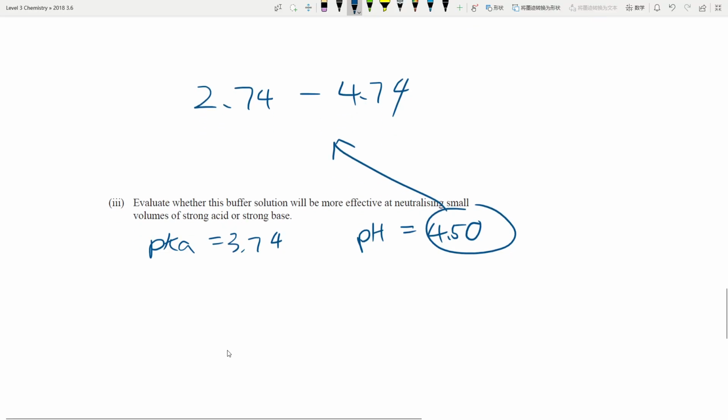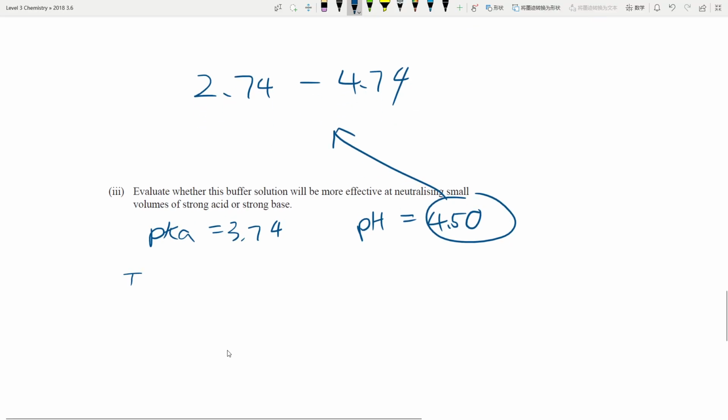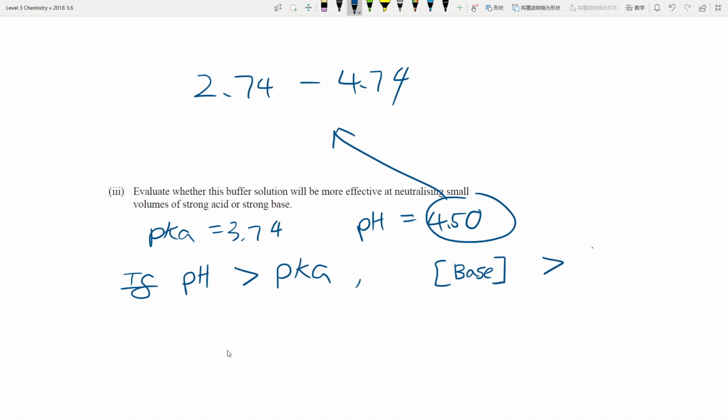But just remember, if pH is larger than pKa, this means the base concentration is going to be stronger than the acid concentration. This is just going back to the equation, pH equals pKa plus log base over acid.